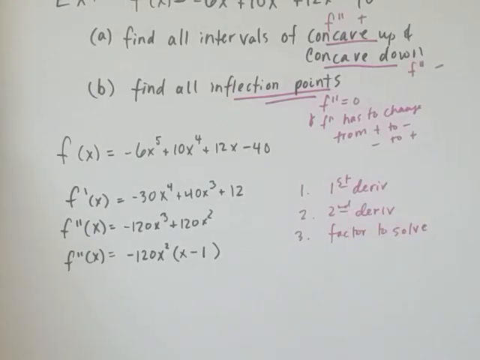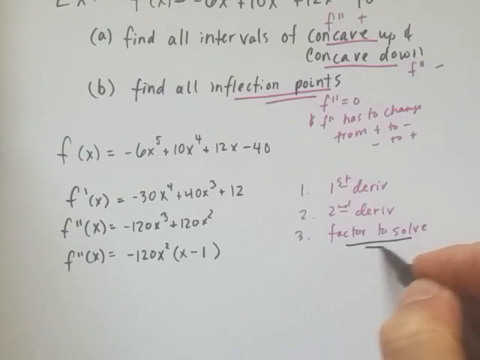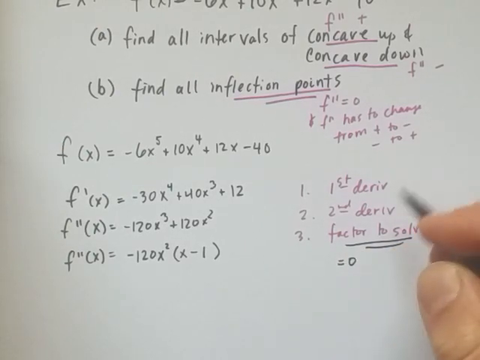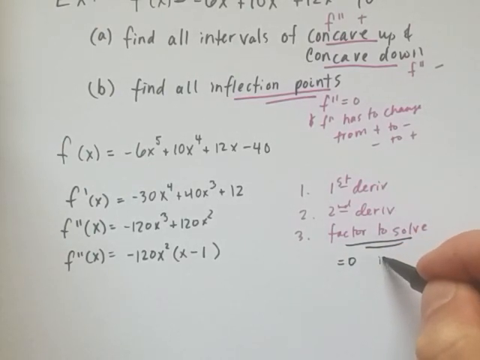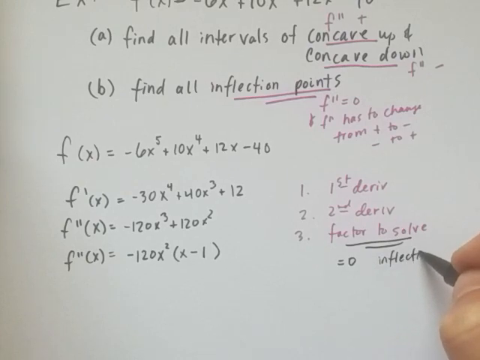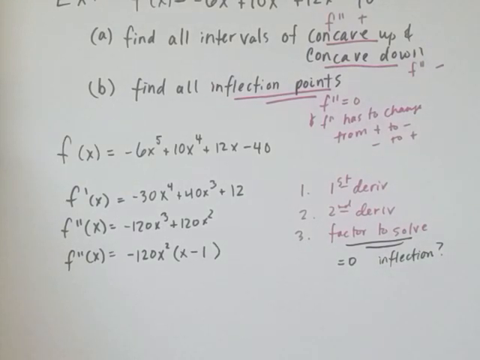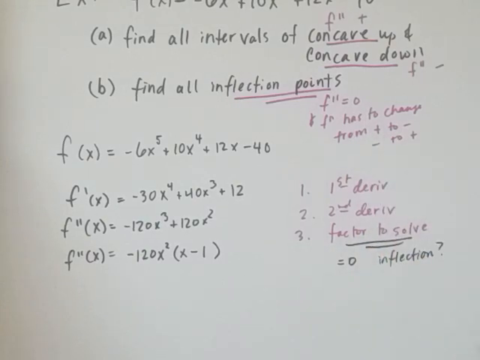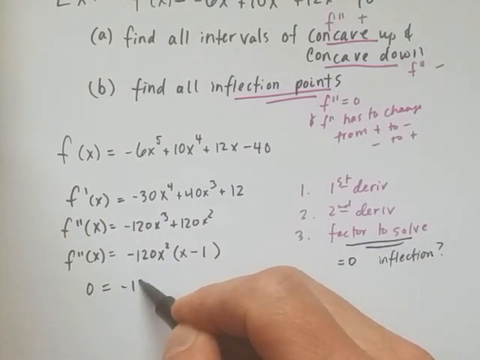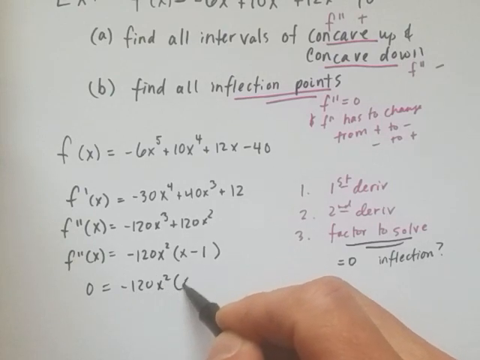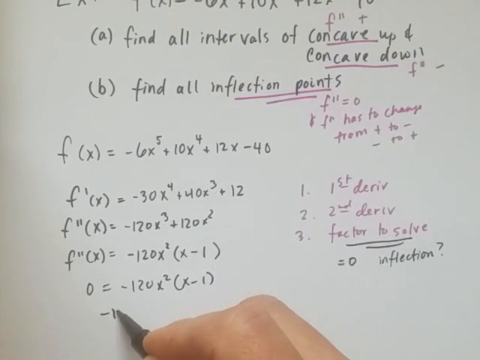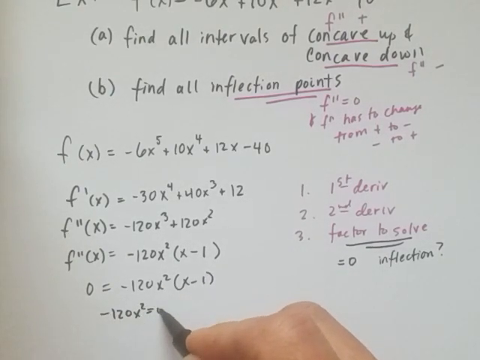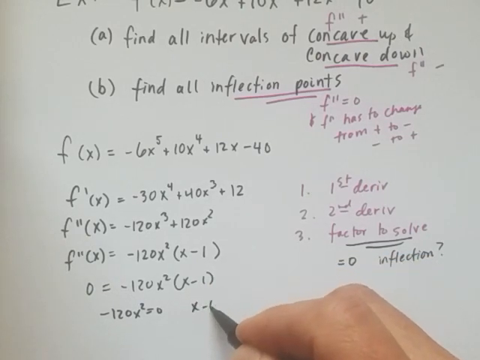Now when we factor to solve, we're going to set it equal to 0, and I'm going to put inflection with a question mark, because we are actually solving to see if this is going to be an inflection point. Remember that when we solve these, we set those 2 parts equal to 0 and solve from there.